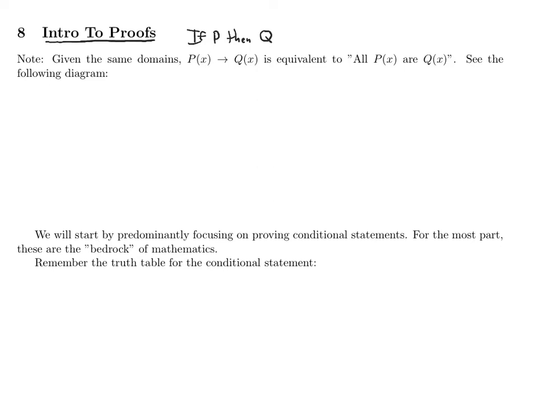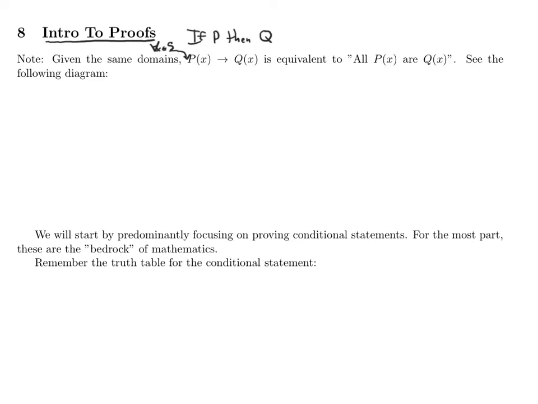A lot of times when people write down a conditional statement that's true, they assume that you're talking about for all x in some set, some domain. And usually it's quite clear. If it's not clear, then it's usually specified. But given the same domains, what's really cool is that a conditional statement and a universally quantified statement are the same thing.